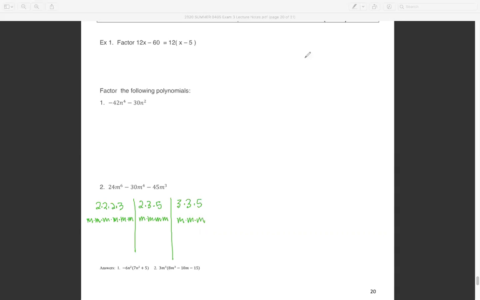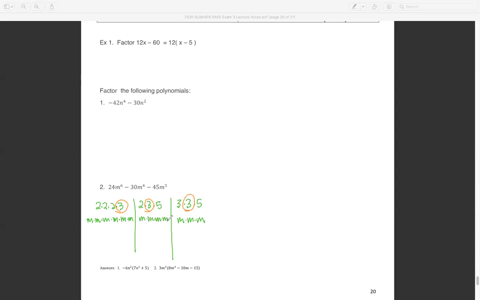Okay, so for the greatest common factor, we have, let's see, everybody has a, nope, everybody does not have a 2. Let's see, does everybody have a 3? Yep, everybody has a 3. Does everybody have a 5? Nope. So the only thing in common is 3 for your numbers.